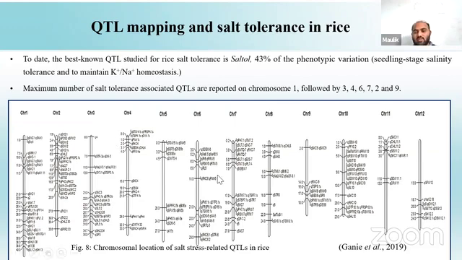Chromosomes 8 and 10 also have QTLs for reproductive stage tolerance. Chromosomes 1, 3, 4, 6, 7, 2, and 9 have the maximum number of salt tolerance QTLs reported.